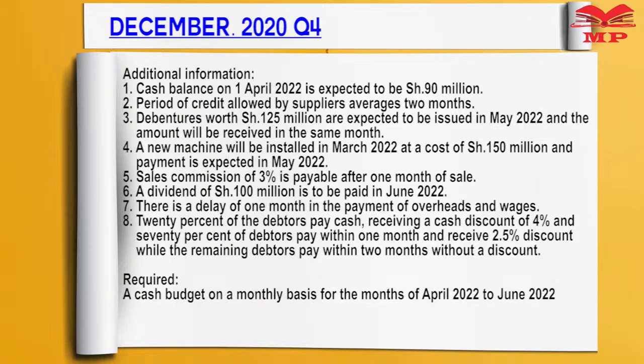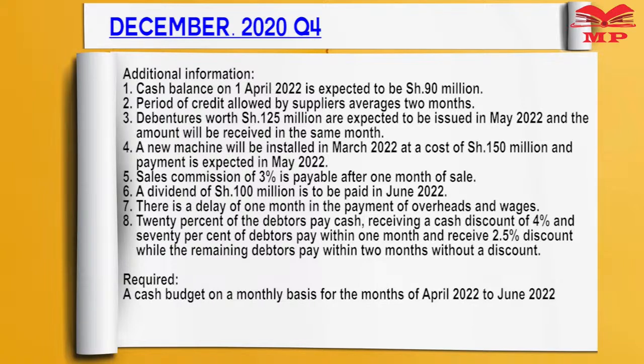Note number 8, 20% of debtors pay cash, receiving a cash discount of 4%, and 70% of debtors pay within 1 month and receive 2.5% discount, while the remaining debtors pay within 2 months without a discount. Then required, a cash budget on a monthly basis for the months of April 2022 to June 2022.